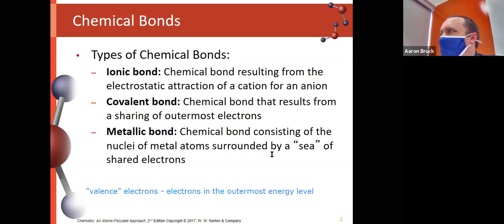Its configuration is argon 4s2 3d10 4p6. That fourth energy level, its last energy level, has 8 electrons in it. And as far as outer energy levels go, that is pretty much the maximum. And so to that end, krypton doesn't do a whole lot of bonding because, well, it has no real need to.